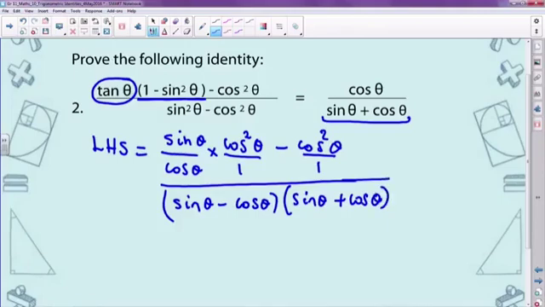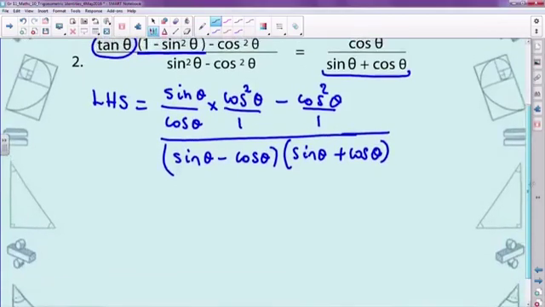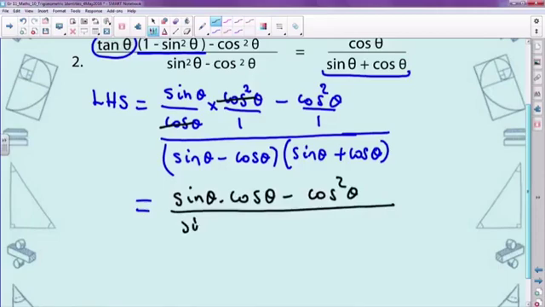If you look at our work, on the left-hand side at least there is some light. There is something that we're getting which might be similar to your right-hand side. Now we proceed. We have the cos theta and the cos squared theta. Cos squared theta divided by cos theta, you get cos theta, so now we've got sine theta multiplied by cos theta minus cos squared theta, all divided by the denominator.